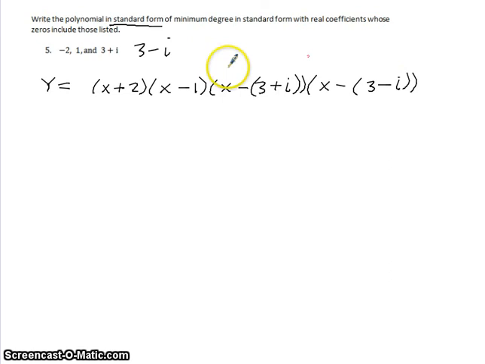I would like to note that we're not told that there is any a value, and so we have to assume that our a value is just equal to 1. Remember, the a is what stretches or shrinks our function. So I'm going to go ahead and start off by multiplying the two complex factors. So we have x times x, and then x times the quantity minus 3 minus i.